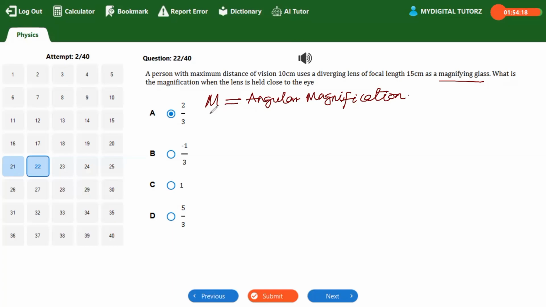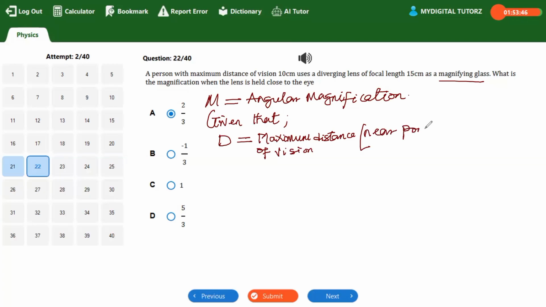So given that D, which is the same thing as the maximum distance of vision, which is the same thing as the near point of the person, or the closest distance of clear or distinct vision.